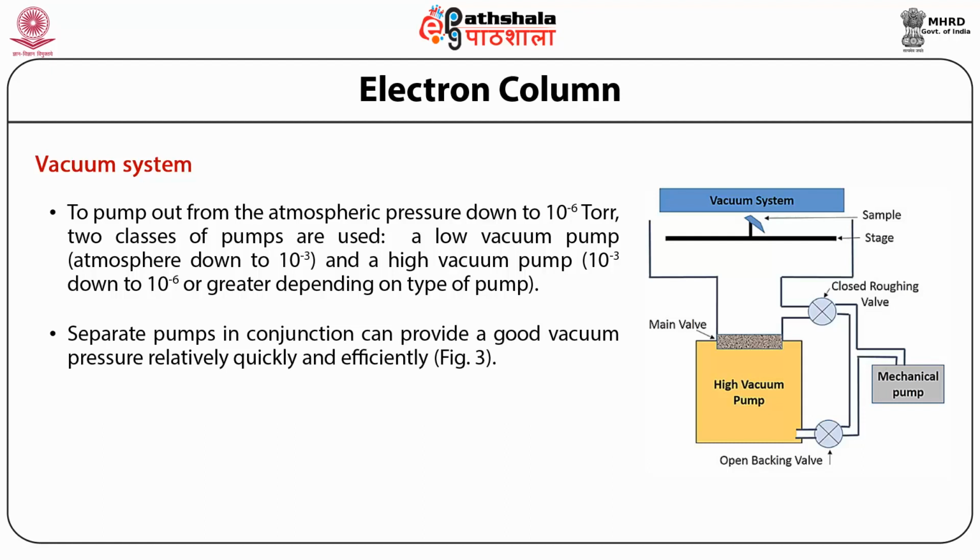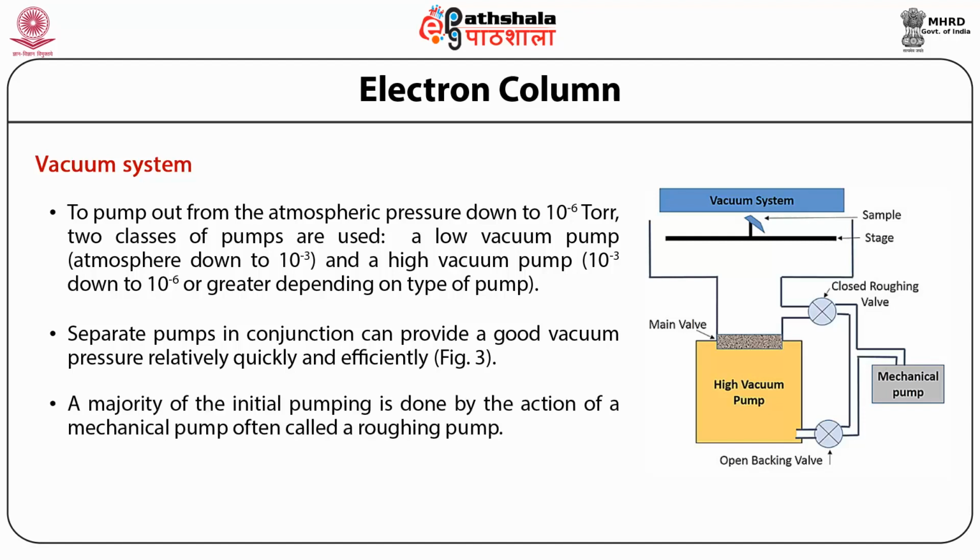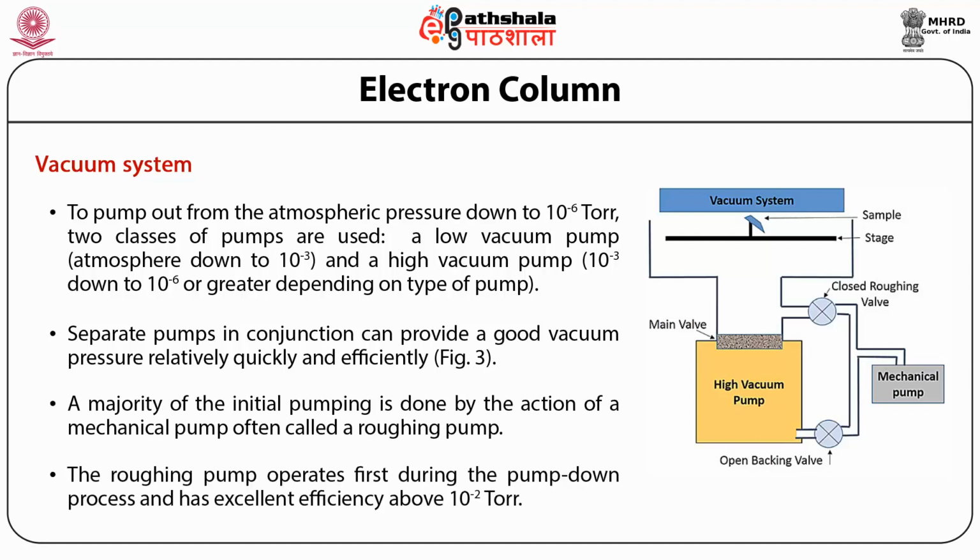Separate pumps in conjunction can provide good vacuum pressure relatively quickly and efficiently, and the connections are as shown in figure 3. A majority of the initial pumping is done by a mechanical pump, often called a roughing pump. The roughing pump operates first during the pump down process and has excellent efficiency above 10 to the minus 2 torr.